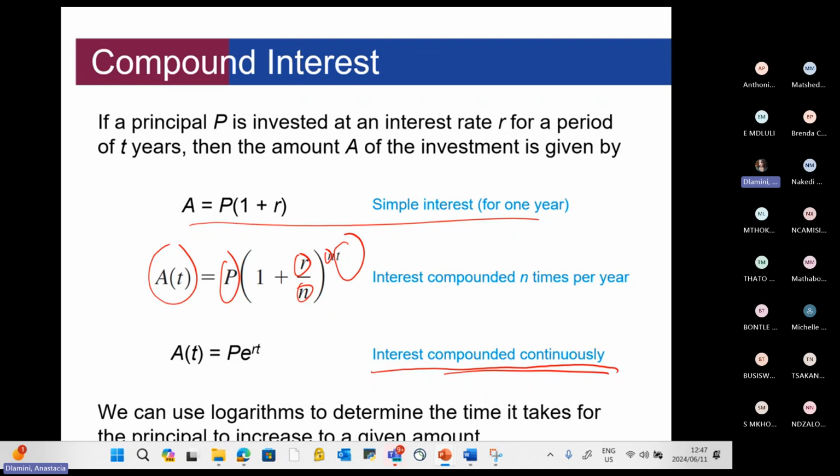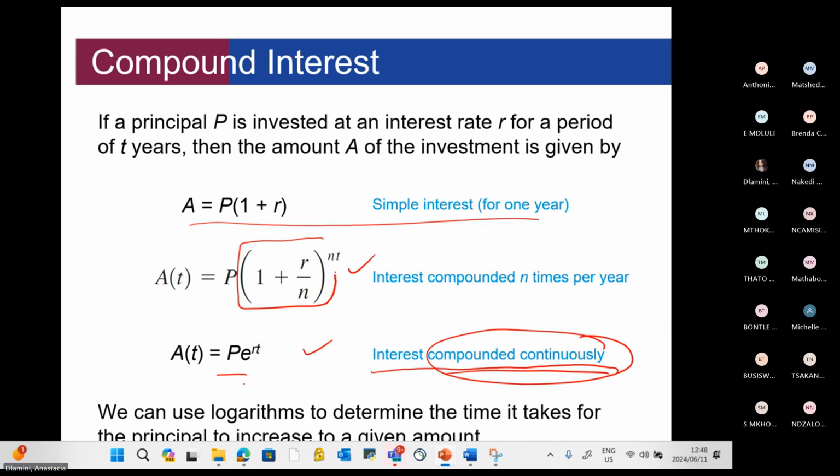So we can use the logarithm to determine the time it takes for a principal to increase to a given amount. Now this is a compound interest, and this is also a compound interest, but this is a continuous compound interest. So don't make a mistake in the exam if I ask you a question and you give me the compounded continuously formula. What happened to get here is that this part turns to E. I did mention that in the previous section, I think 4.3.